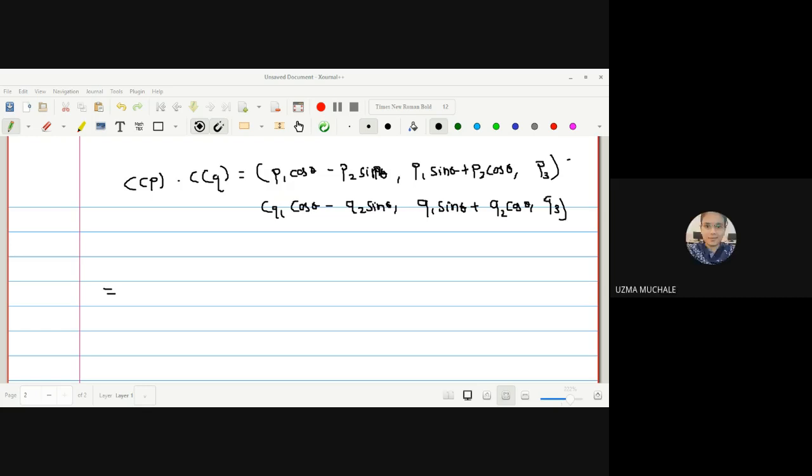Yes, what is the dot product if you have evaluated this? Are you all able to evaluate the dot product coordinate-wise? I have told you how to evaluate this. If it is P1, P2, P3 dot product with Q1, Q2, Q3, so what is the dot product? P1 Q1 plus P2 Q2 plus P3 Q3.